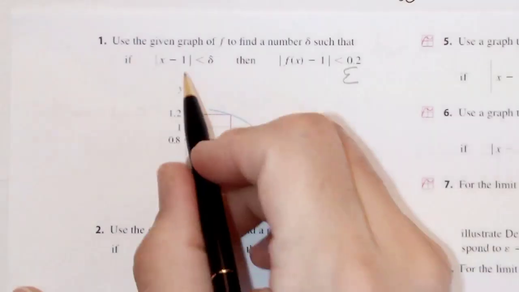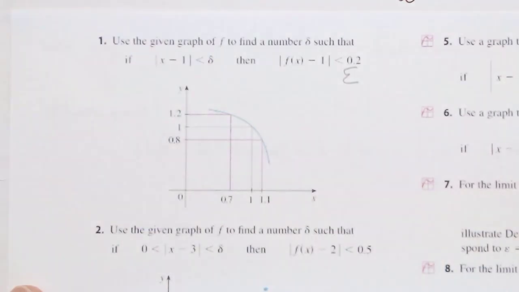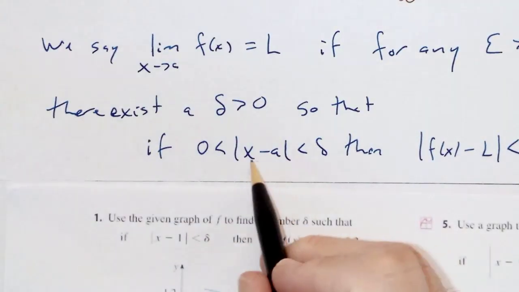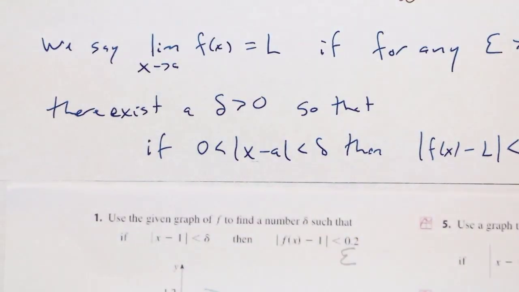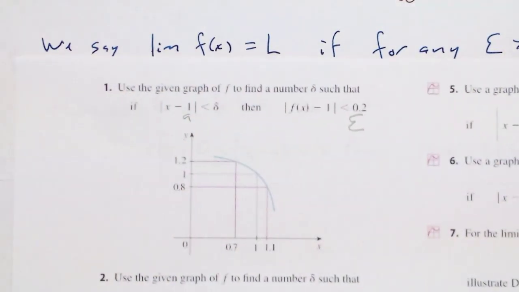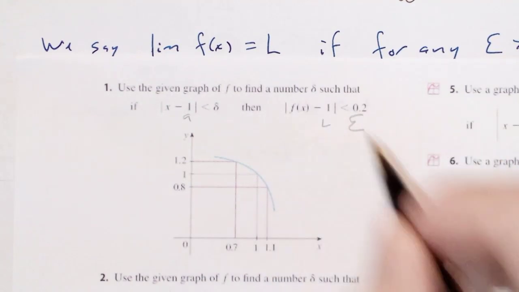On the left. You mean this one? Yes, except the A itself is just the 1, because in our definition, it was x minus A. So A here is just 1, and that means that L is also 1.